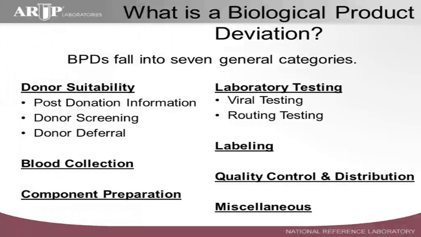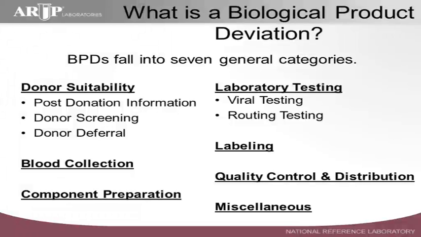The collection process, if there's any issue with possible contamination, sterility, anything like that. Component preparation, so when I'm making the products, if there were anything going on with that. If there was a clot in the whole blood product and I failed to quarantine the FFP and I let it go out, that would be an issue.